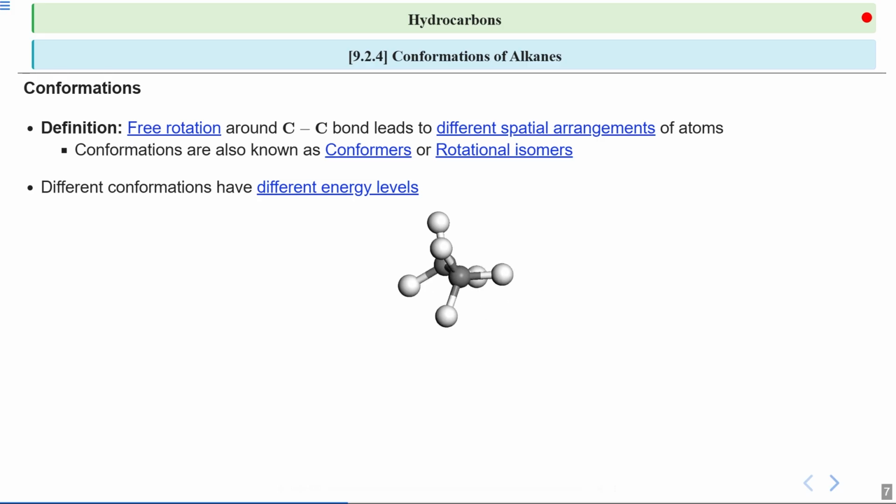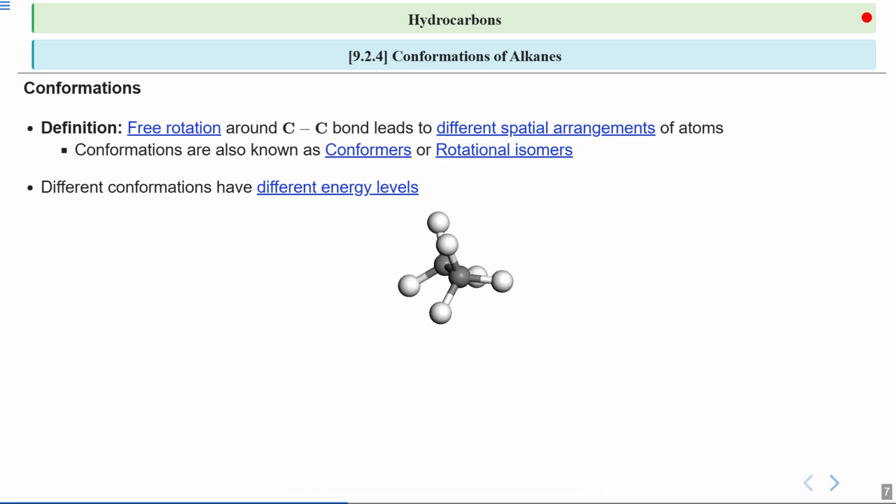And what is changing? So here we have an image illustrating the concept of conformation again, but from a different view. This helps you understand that the relative positions of the hydrogens are changing with respect to each other. You can see that in some parts of the rotation, the hydrogens are in front of each other, and in other parts, they are opposite to each other.